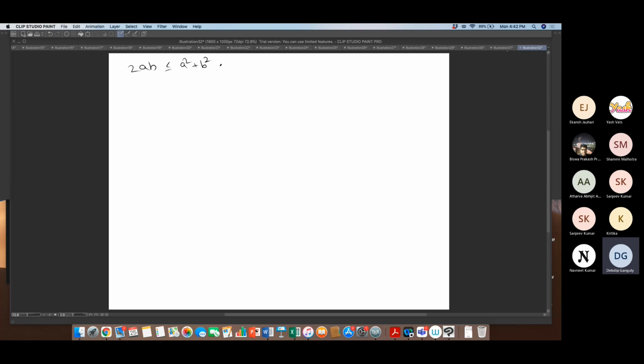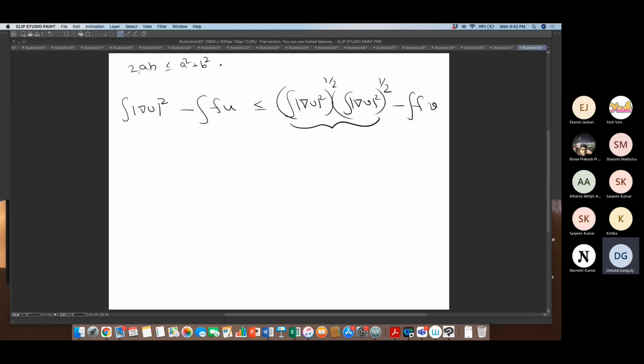Okay, you use it here. So what we have now, gradient of u square minus f of u, is less than half gradient of u square, plus half gradient of v square, minus f into v. Right, now you use 2ab, this is your a, this is your b.